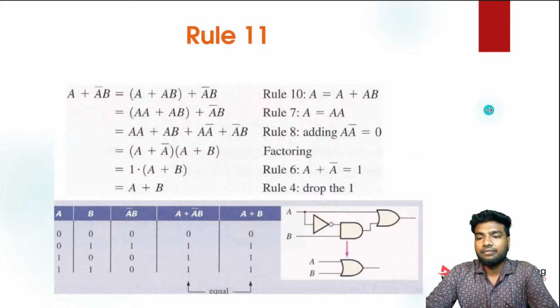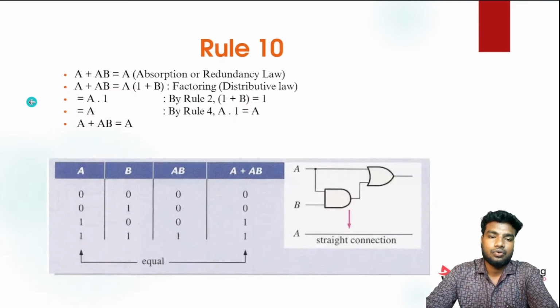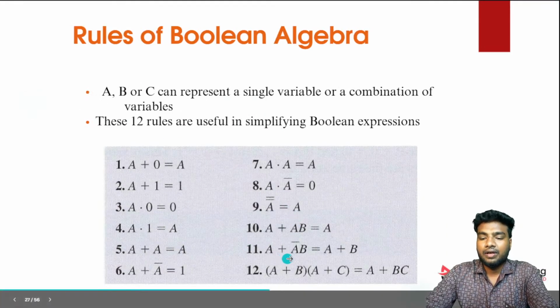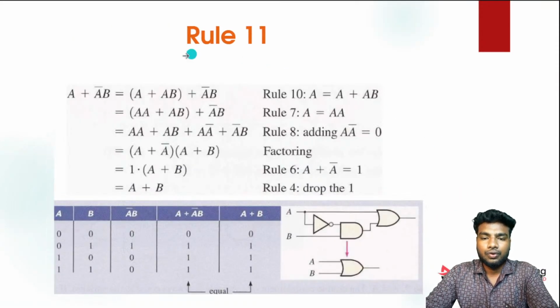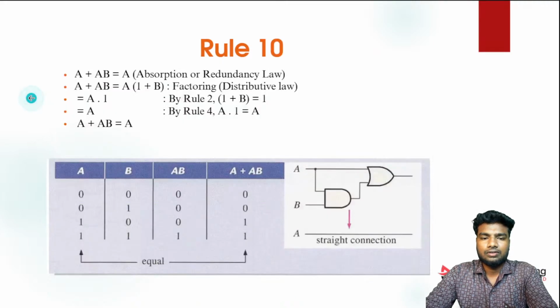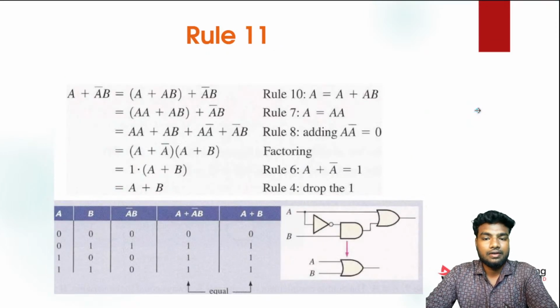And then we'll move to rule 11. Rule 11 is a plus a bar b equal to a plus b. Let's see how it comes. I just follow this rule: we know that a equal to a plus ab. Already we know that we can write a like this way.